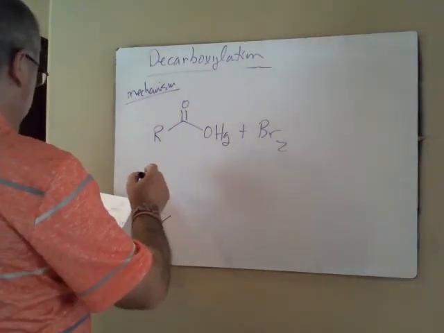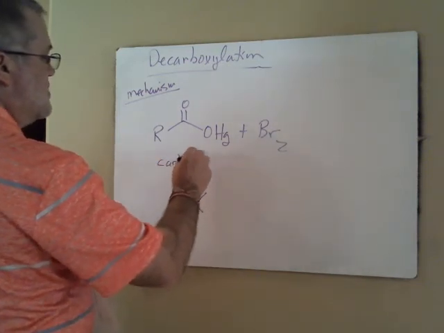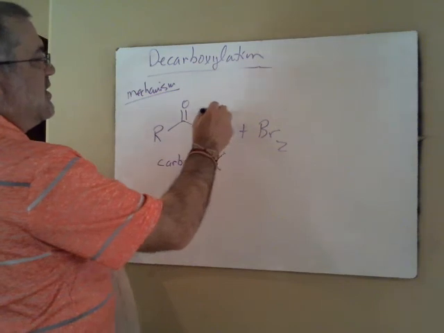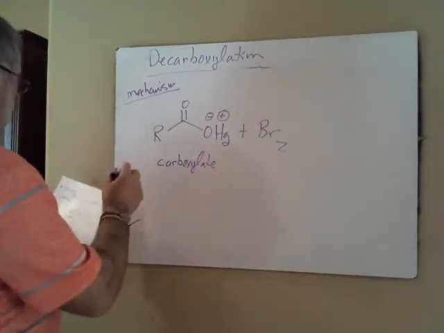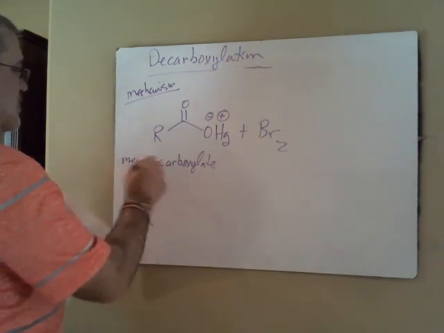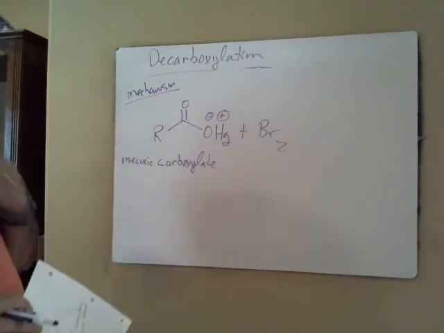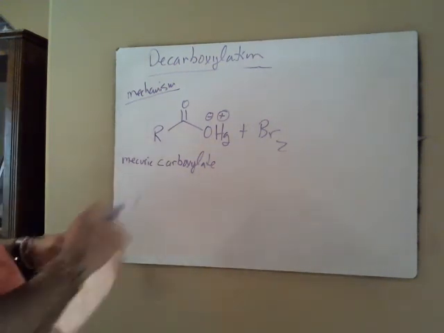Okay, and this is actually called a carboxylate because you basically have a minus charge there. It's kind of salt-like. And since it's mercury I'm using, it's mercuric carboxylate, but depending on what other metal you're using, you would just insert that metal name in front.